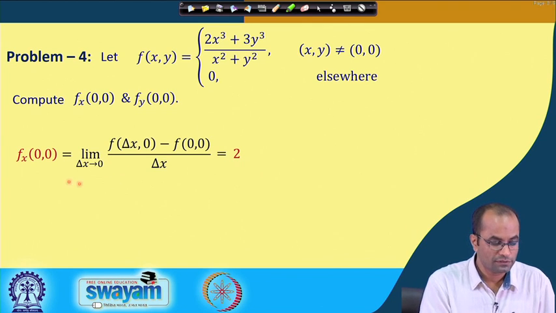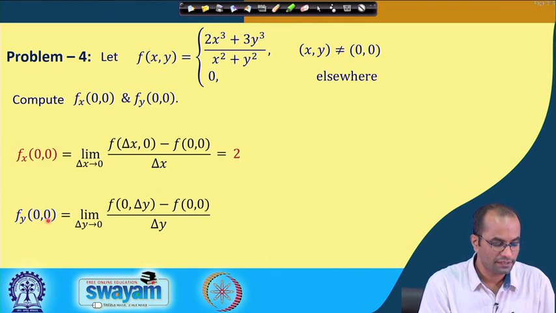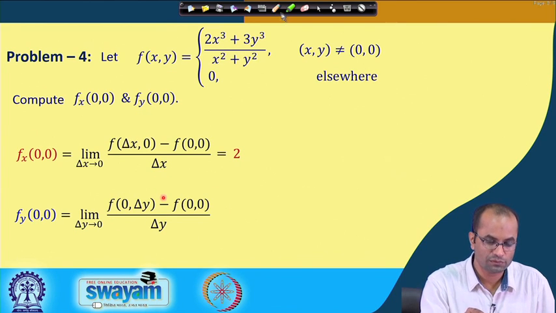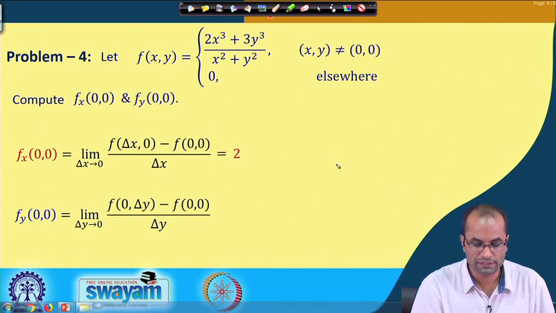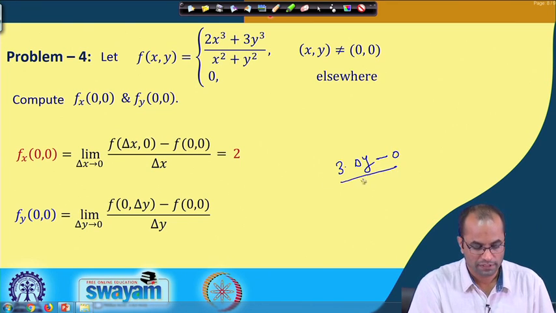Okay. Now, the second, when we compute f_y at (0, 0), we have a similar situation again, with f(0, Δy). This time the Δy will remain. So, we will have 3 times Δy minus f(0, 0), which is 0, over Δy, and Δy goes to 0.